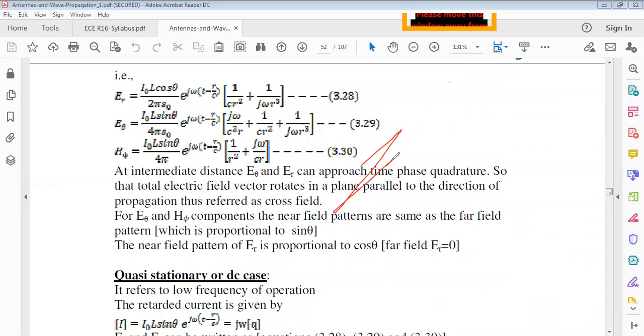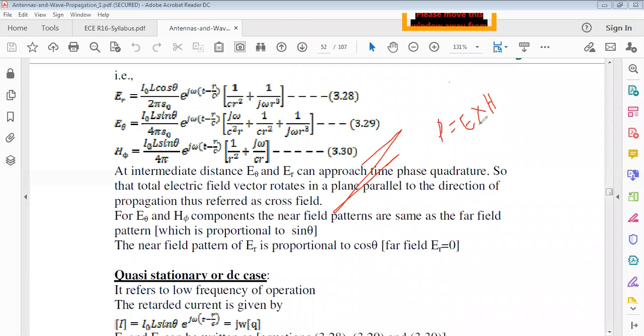Next we have to derive the expression for radiated power, P equal to E cross H, so we have to multiply the E and H components. Which components? Is it ER and H phi, or E theta and H phi? We have to multiply both terms.